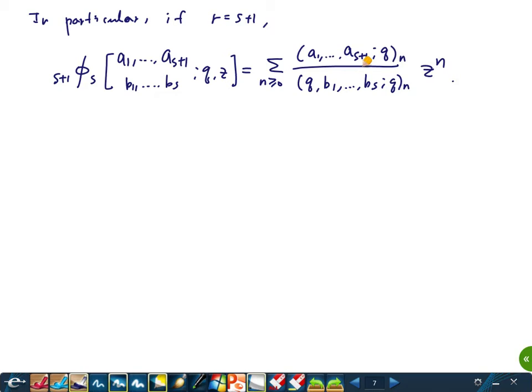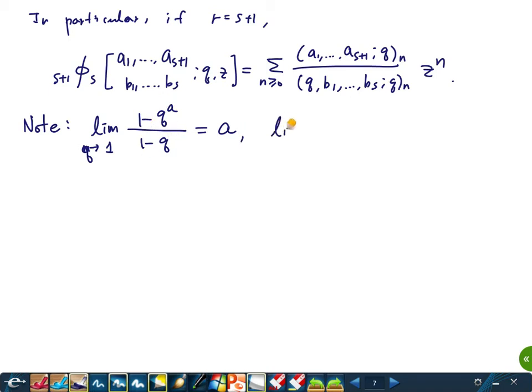Okay, so what is the connection between Q hypergeometric series and hypergeometric series? The hypergeometric series can be obtained as a special case of the basic hypergeometric series. So note that as Q approaches 1, 1 minus Q to the A over 1 minus Q, you can see that this is just A. You can factor this out and divide and you get that.